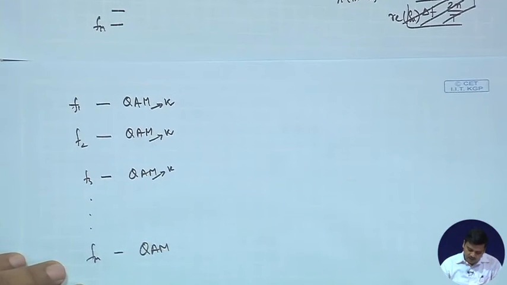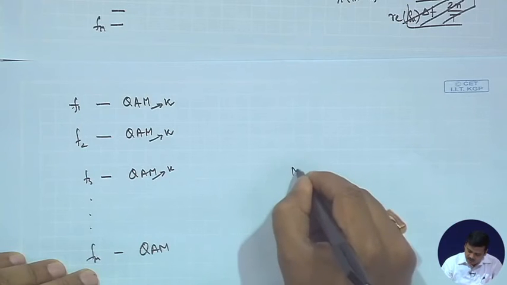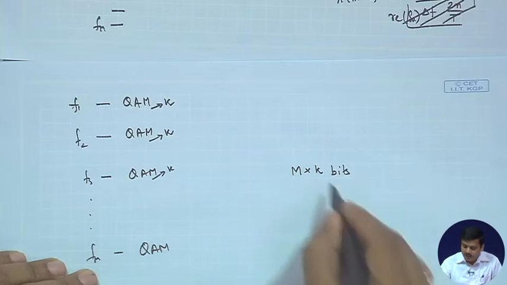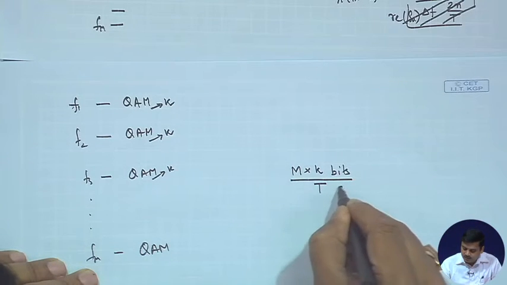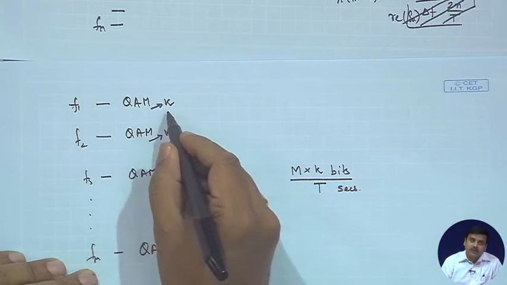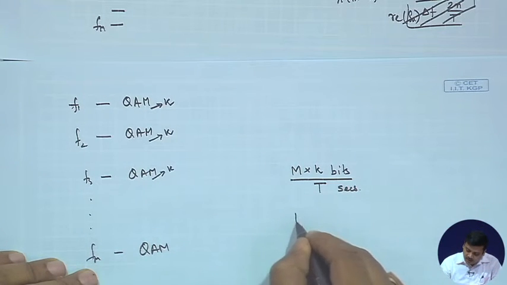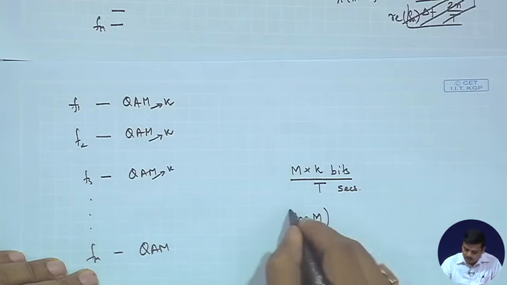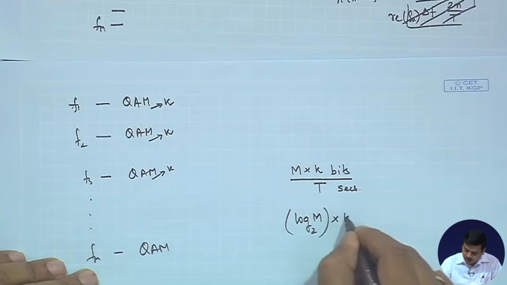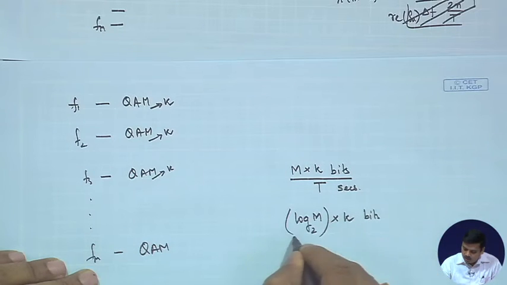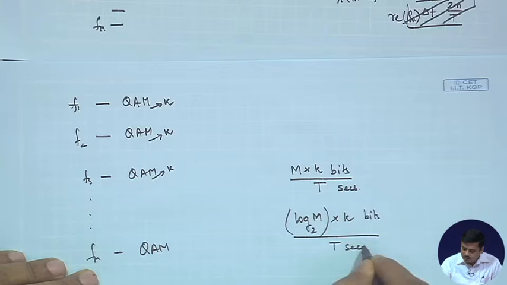So, in other words, if there are m such things, you have m multiplied by k bits that you are sending per symbol duration, per t seconds, right. If you would compare with what you did earlier, that means, if you chose one of the frequencies and then you send QAM, you would send log base 2 of m bits by selecting, multiplied by k bits because of QAM, right, every t seconds.